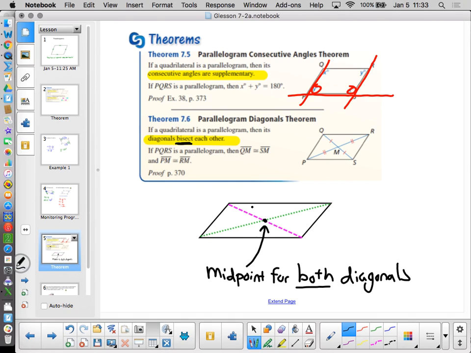In other words, these two sections have the same length, and these two sections have the same length. Again, the diagonals are not necessarily the same as each other, but that point where the diagonals intersect is the midpoint for both diagonals. They bisect each other. As you can probably imagine, the proof has to do with congruent triangles.